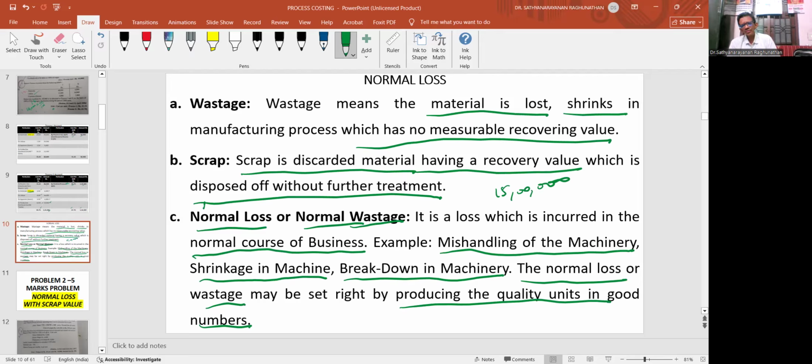After 10 years, if you want to sell that asset, you cannot sell it for more than 15 lakhs rupees. You cannot sell it even for 500 rupees. You may sell it only for 200 or at the max 100 rupees. Why? Depreciation. So you have to sell it only at the scrap value. That is what is called scrap.